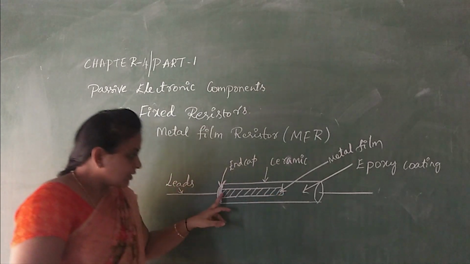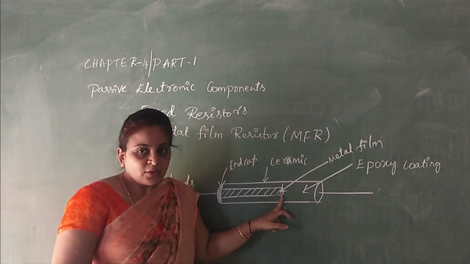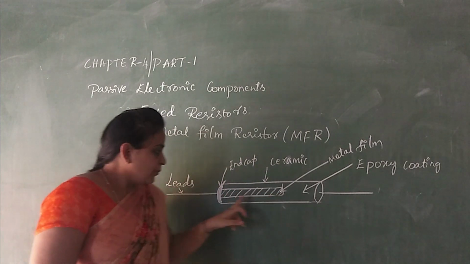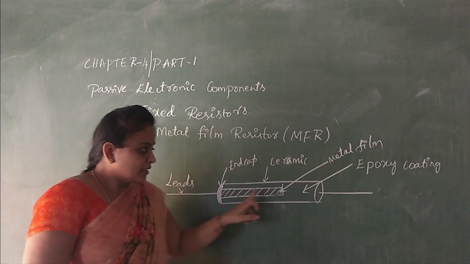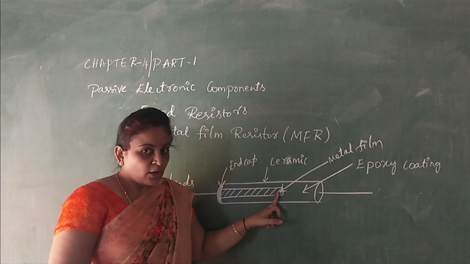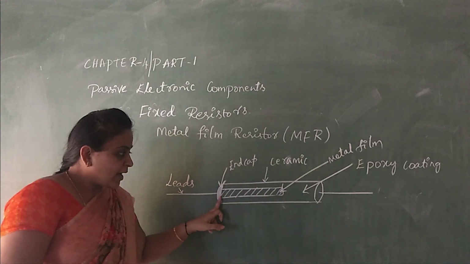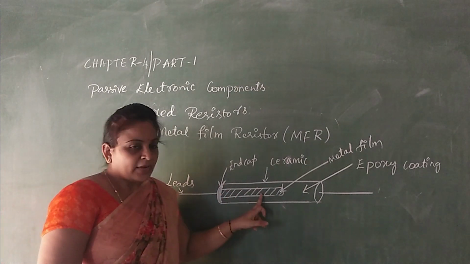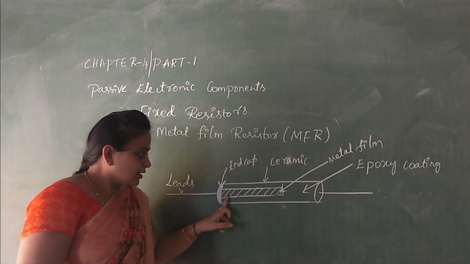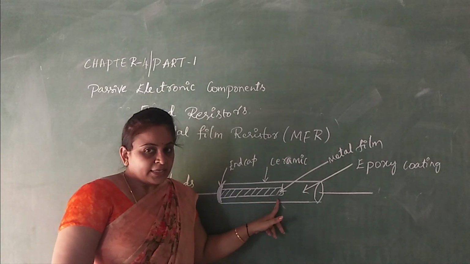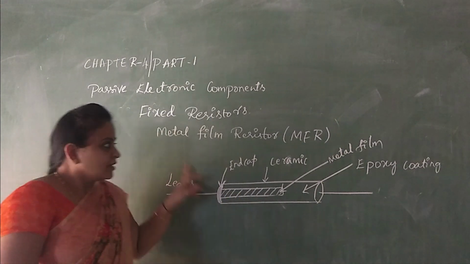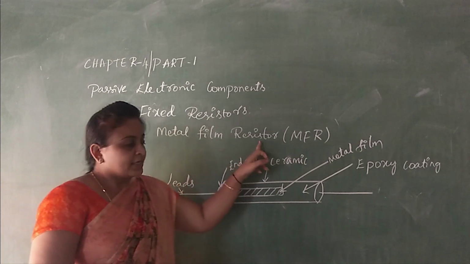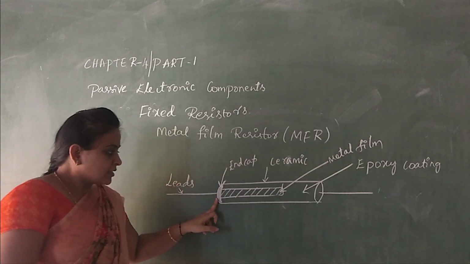So this deposited metal film will be removed to make spirals on the body of the ceramic rod. This spiral length, width, and thickness of the metal film will give the desired value of the fixed metal film resistor.